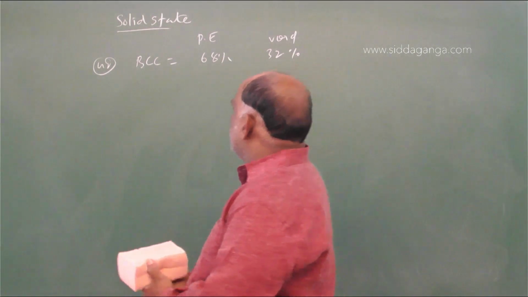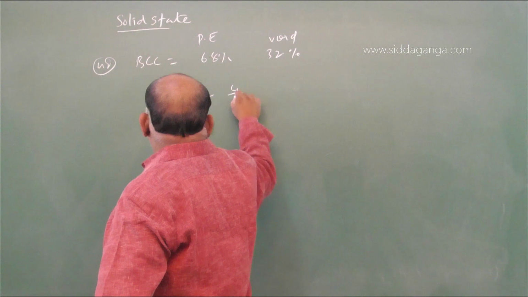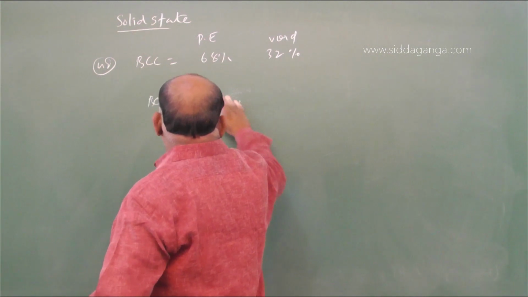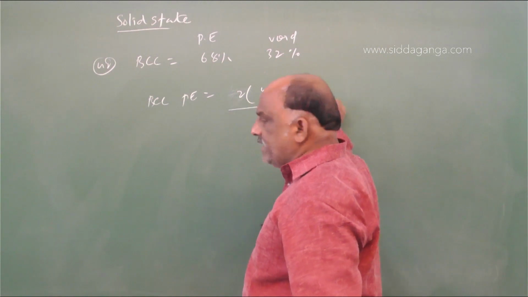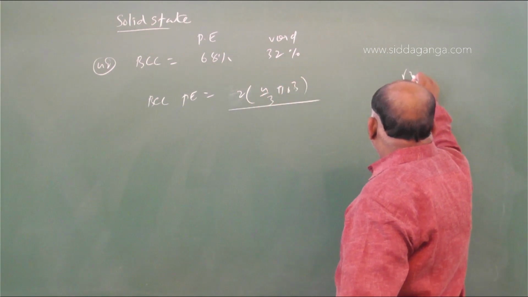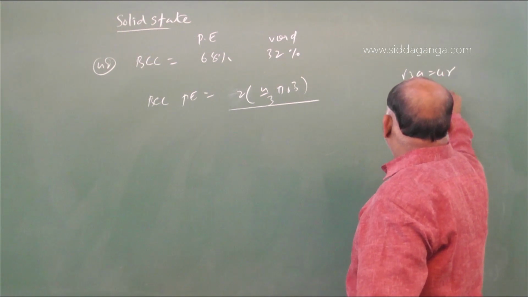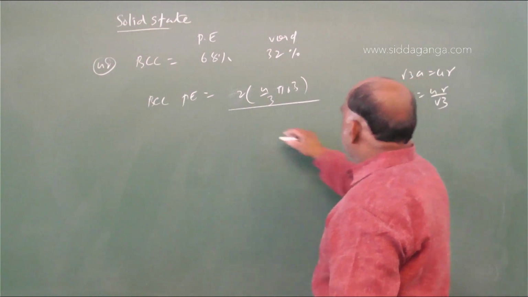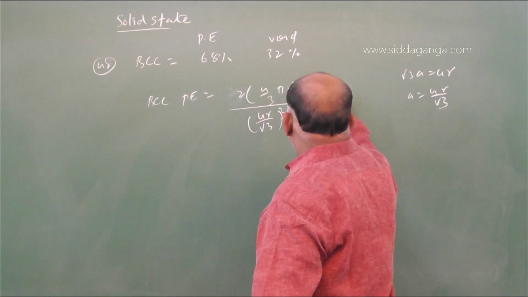So how to calculate, already we know one formula. BCC packing efficiency is equal to 2 into 4 by 3 pi r cube divided by a cube. Root 3 a is equal to 4r, then a is equal to 4r by root 3. 4r by root 3 whole cube, on simplification, into 100.